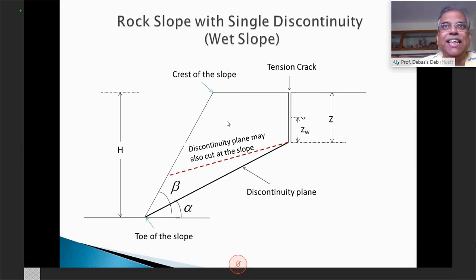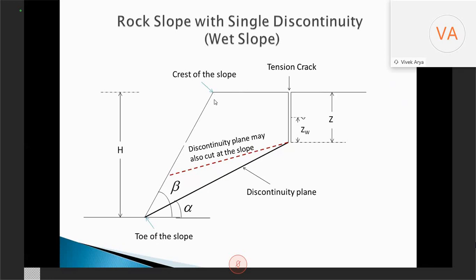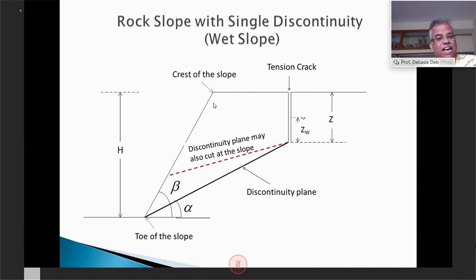is kind of a cantilever beam, and it has its own weight, and since there is an angle, this weight can have a component along this direction.